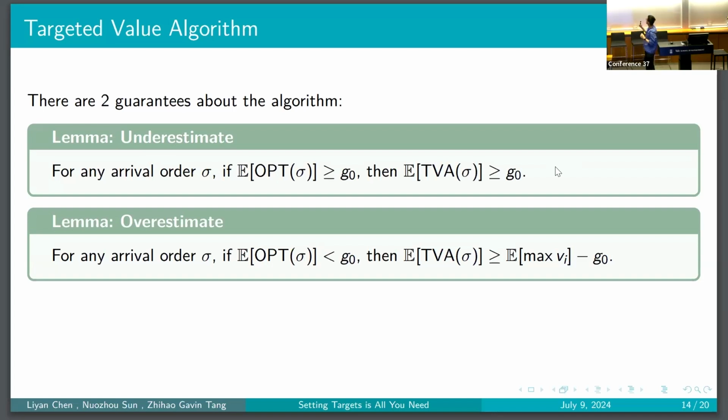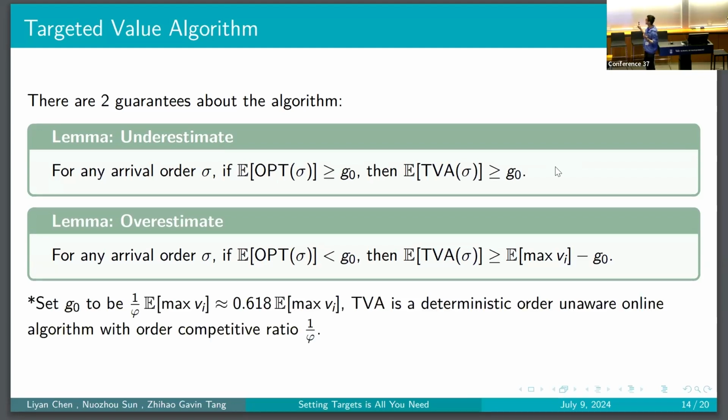And the second lemma is about the overestimate case, which says that for an arrival order, if the optimal algorithm cannot achieve G0, then we can at least achieve the expected maximum minus G0.